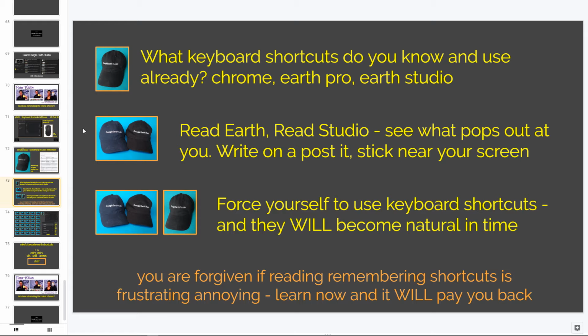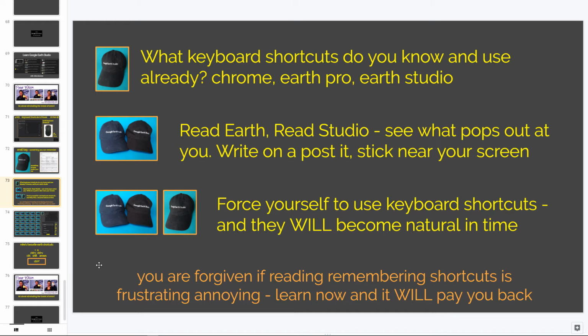The second one here, read Earth, read Studio. I'm talking about the shortcut help areas. See what pops out at you. Write on a post-it note, stick it near your screen. And number 3, of course, is force yourself to use keyboard shortcuts, and they will become natural over time.